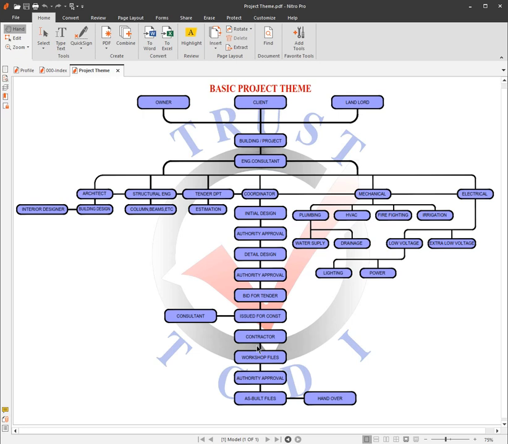And when the project goes to finishing stage, they start building as built drawings. Now here is the purpose of why they need as built drawings: when a building has been raised, there are some things which cannot go as per the design because of some site situations.